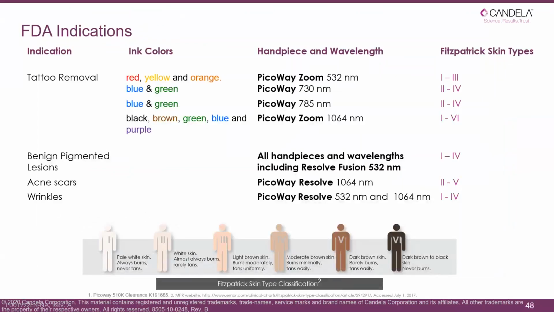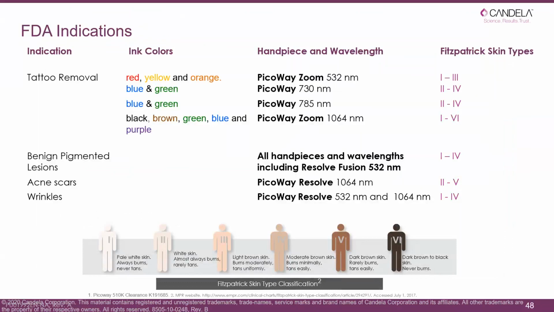And the nice thing with this system is, obviously, a large number of our customers are using the Pico to treat tattoos. And because of this broad range of different wavelengths, it allows us to treat virtually every color that you may come across in a tattoo. The only color we can't remove is white.